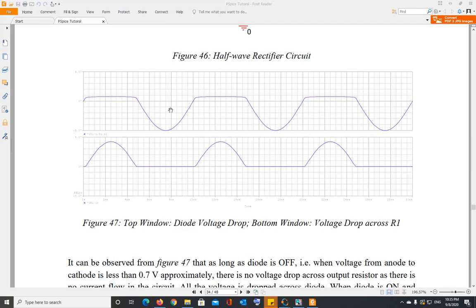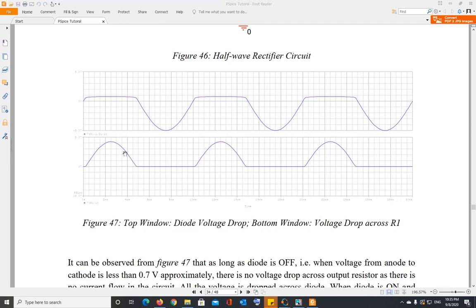This is the voltage across the diode on top. So when the diode turns on, 0.7 volt, and when it turns off, all the negative voltage appears across the diode, right? And this is the output voltage right here. When the diode turns on at 0.7 volt, the input waveform appears across the output, because the diode will just drop a constant 0.7 volt.